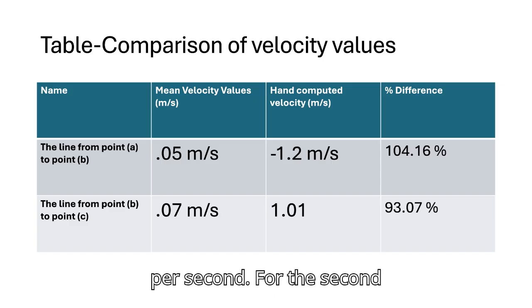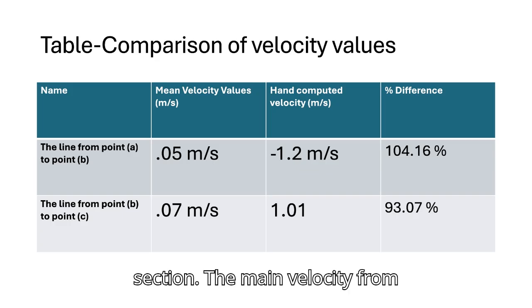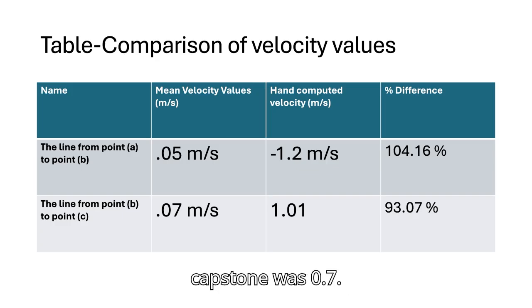For the second section, the mean velocity from Capstone was 0.07 meters per second, while our hand calculation was 1.01 meters per second. When we calculated the percentage difference, we found 104.16% difference for the first section and 93.07% difference for the second section.